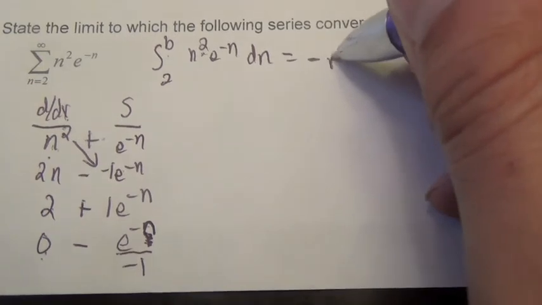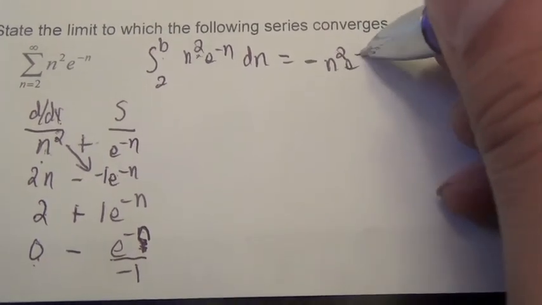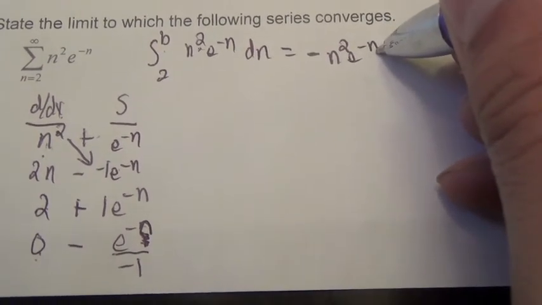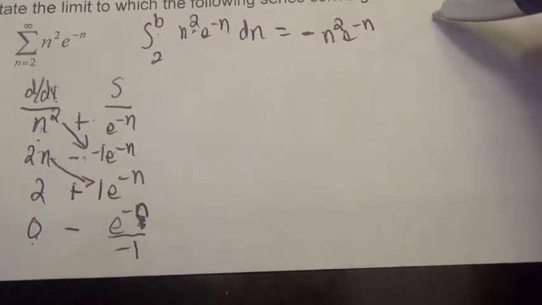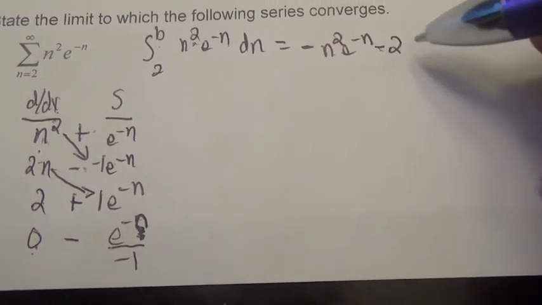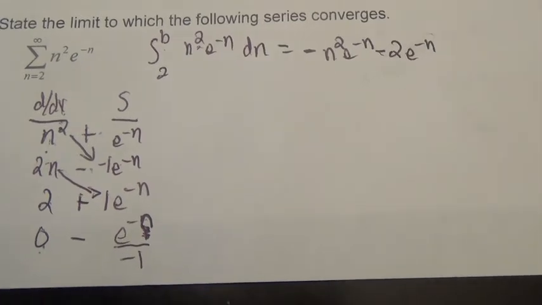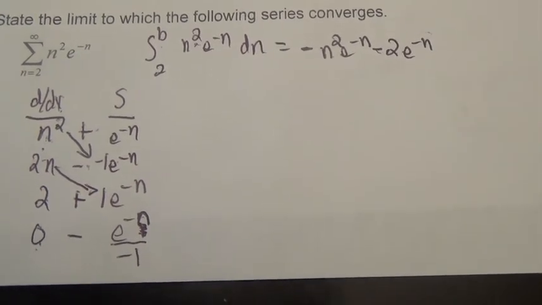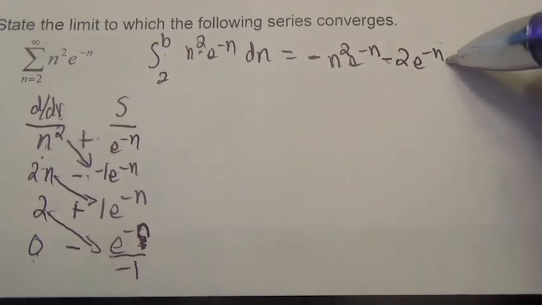So you get a negative n squared e to the negative n. The next term would be these two multiplied together, so 2 times 1 is 2, but we want the opposite of that, so that should be a negative 2n e to the negative n. Last term, these multiplied together would be a negative 2 e to the negative n, from 2 to b.